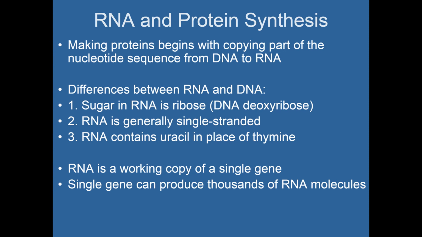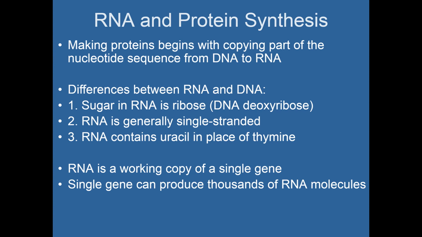So RNA is generally single-stranded. As you saw in the previous lecture, DNA is a double helix. So it's kind of two posts and like a stairway between them. RNA is just one post. It's a single helix.